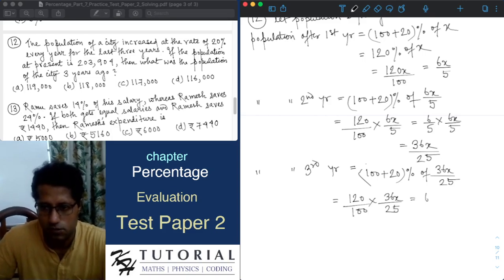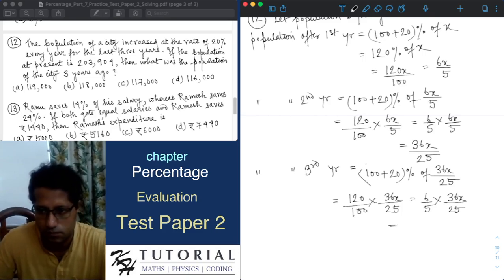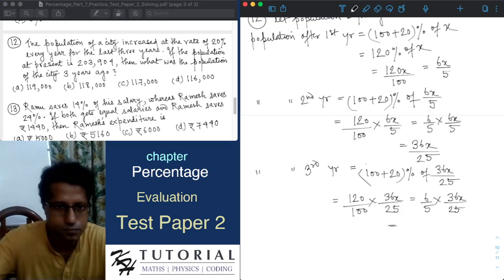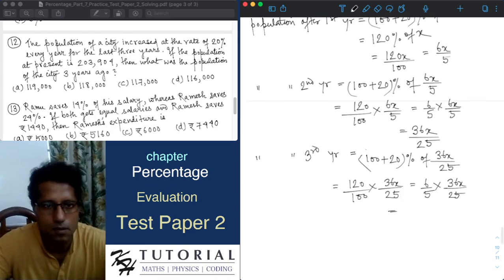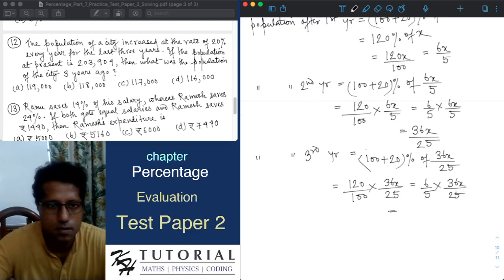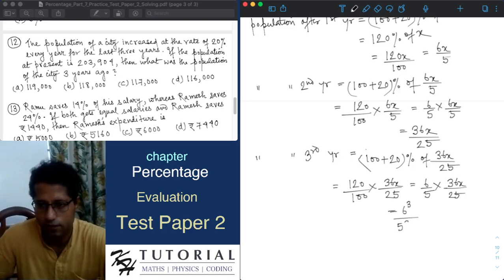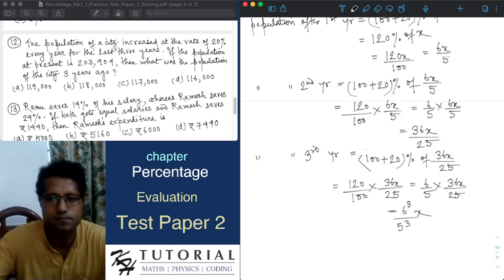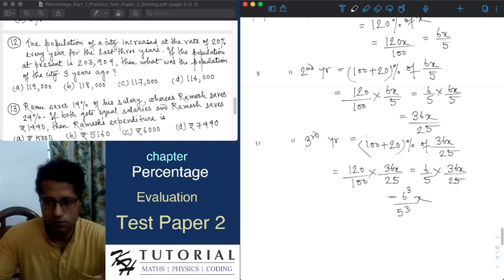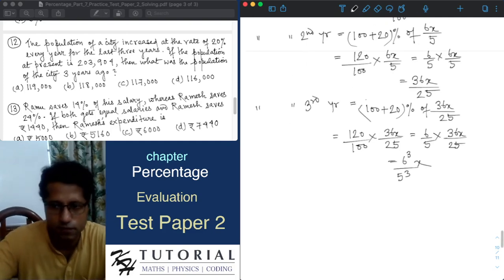This is 6 by 5 multiplied by 36 by 25, and this is basically 6 cube by 5 cube x. 6 into 36 is 6 cube, and 5 into 25 is 5 cube.